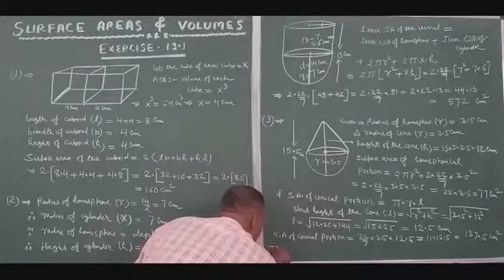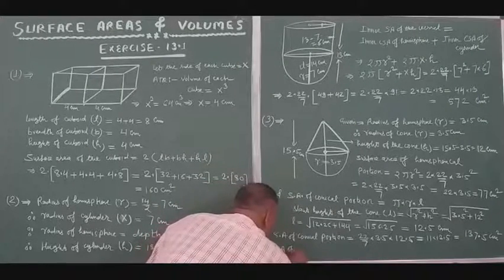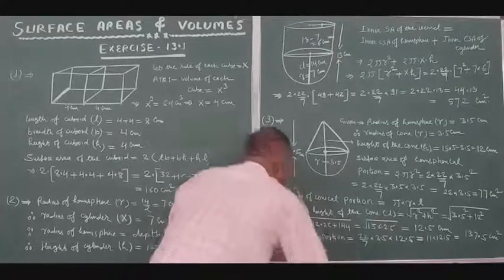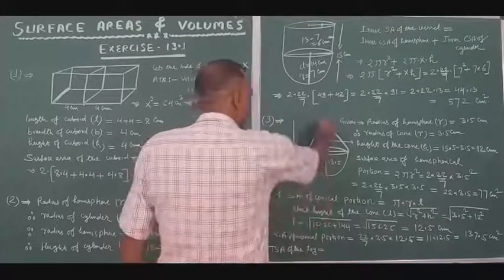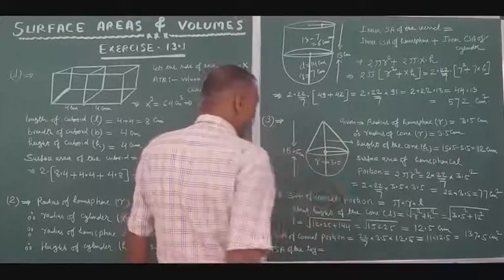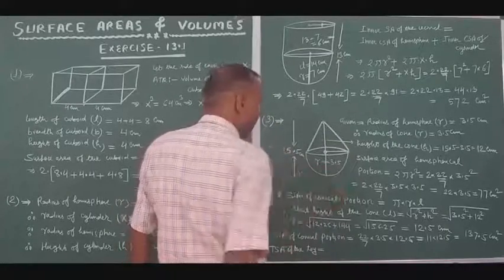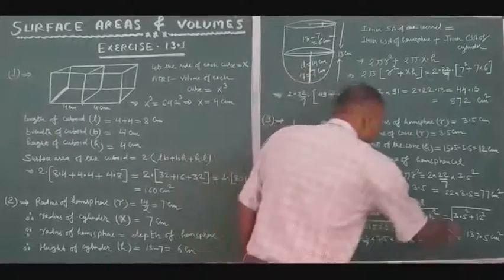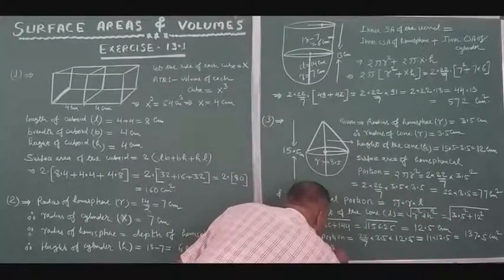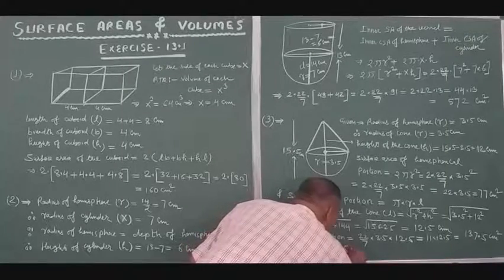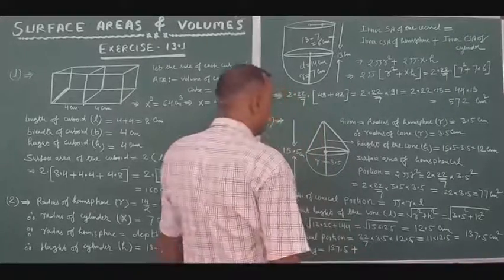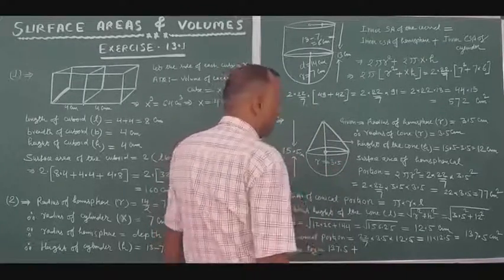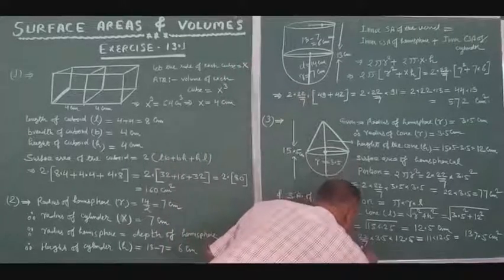Now the total surface area of the toy. What will be the total surface area of the toy? The surface area of the conical portion plus the surface area of the hemispherical portion. The surface area of the conical portion is 137.5 centimeter square, plus the surface area of the hemispherical portion, which is 77.